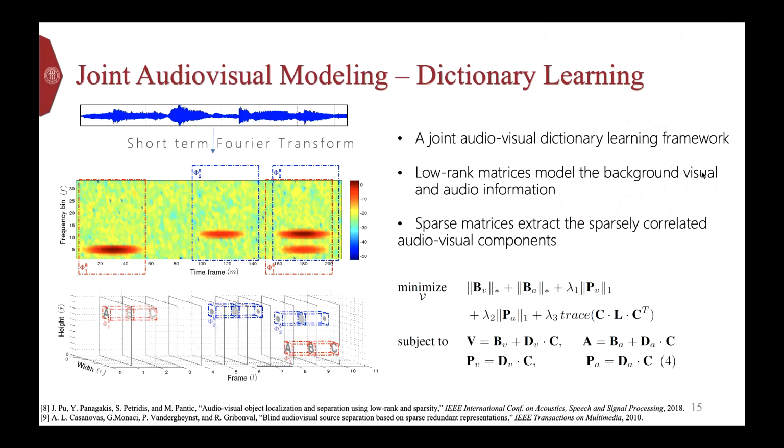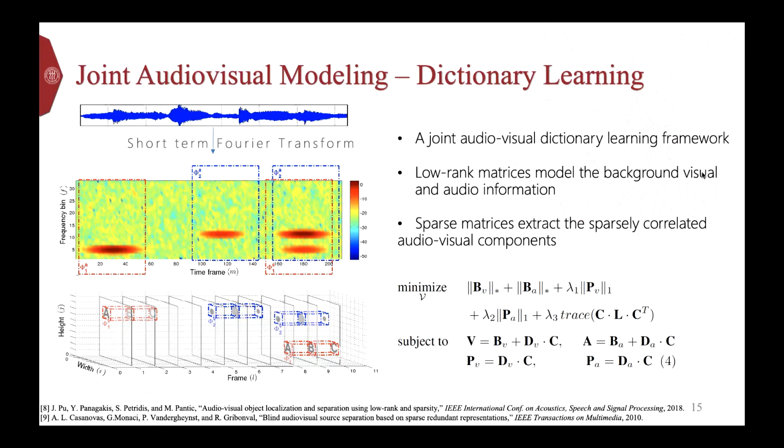They assume that, for example for the visual information, the foreground object and the background information can be separated by the low rank matrix. Then the sparse matrix can extract the sparsely correlated audio and visual components, as shown in the figure.